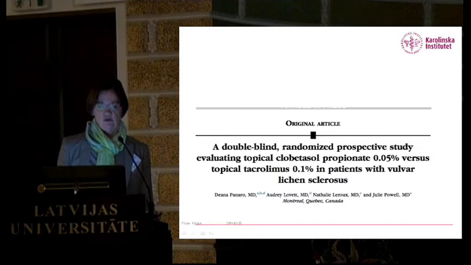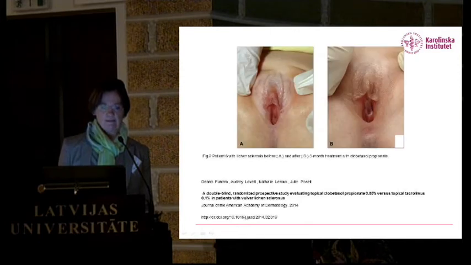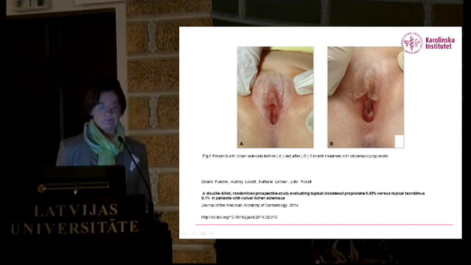In connective tissue disease, I would just like to point out a popular treatment of vulvar lichen sclerosis, tacrolimus, has been compared to superpotent steroids, clobetasol propionate. This is the algorithm. I will not go into that, but this was a double-blind study evaluating the two creams for 3 months.